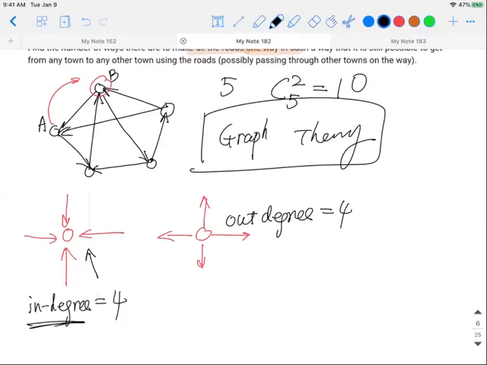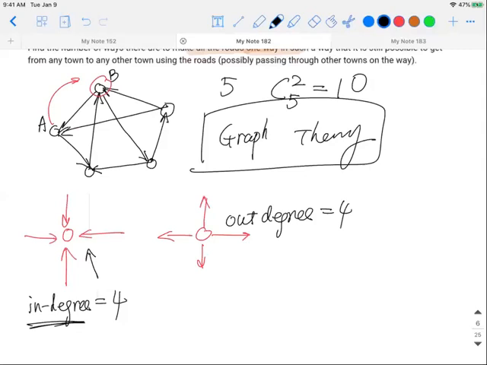As long as I have a point with in degree equals 4, or a point with out degree equal to 4, I can make sure there's no way to cover them all. Right? This is quite understandable.